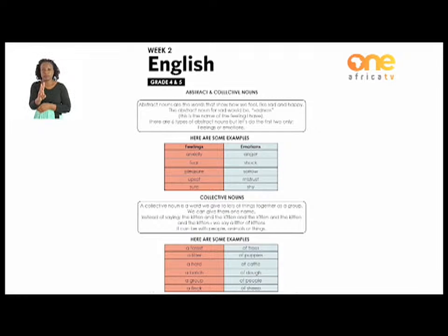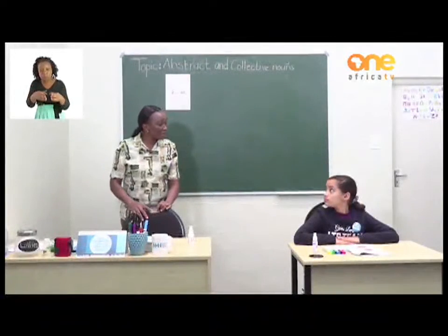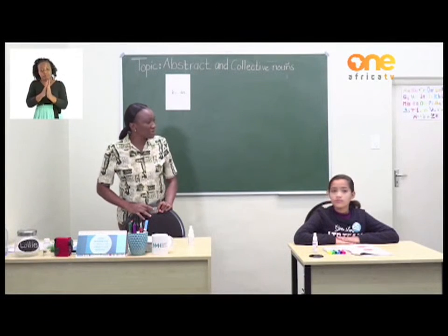You can see there are examples of collective nouns. Now, instead of saying the kitten and the kitten and the kitten and the kitten, we say a litter of kittens. Chanel, do you have a few examples of collective nouns?